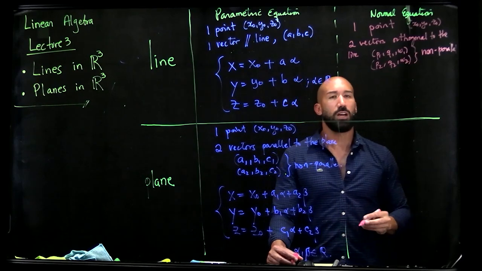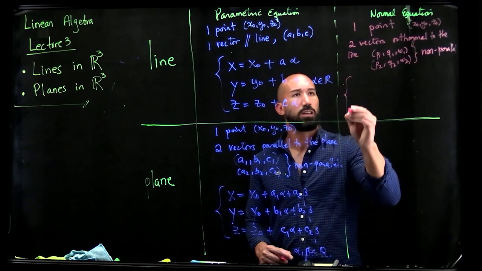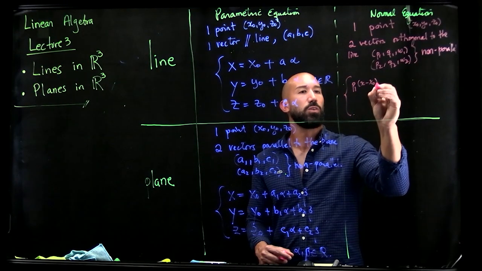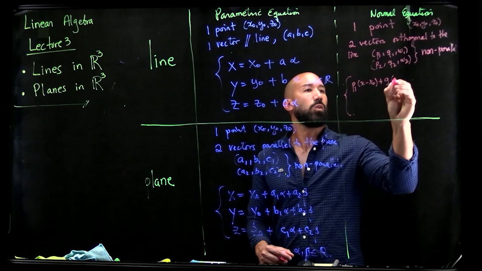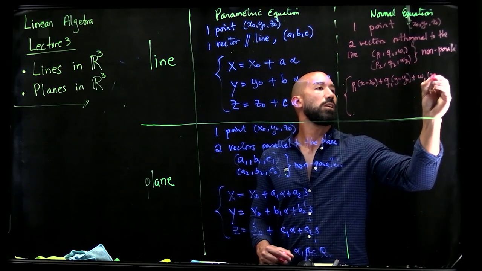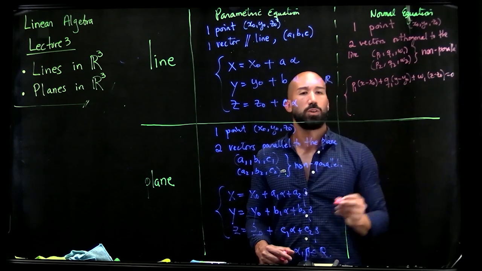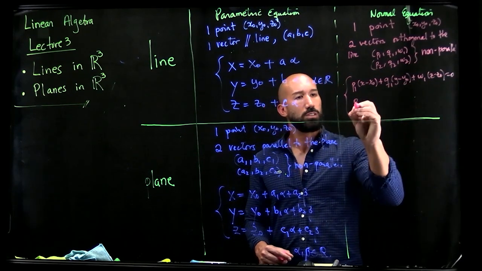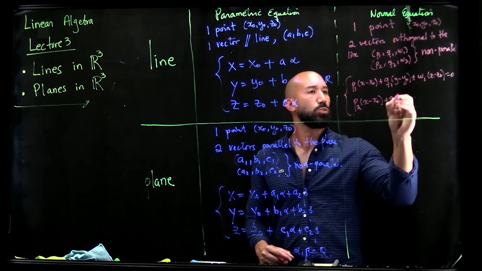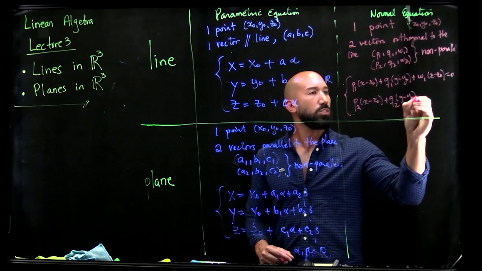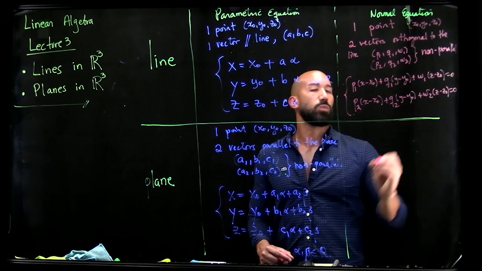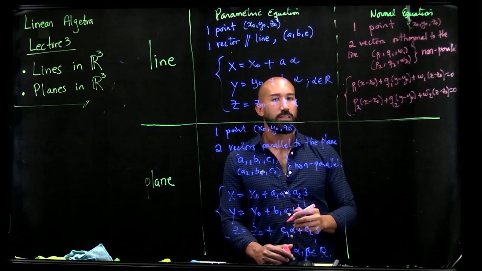Is that okay? And the normal equation of the line is going to be P1 (x minus x0) plus Q1 (y minus y0) plus W1 (z minus z0) equal to 0. And the second is P2 (x minus x0) plus Q2 (y minus y0) plus W2 (z minus z0) equal to 0. Is that okay?